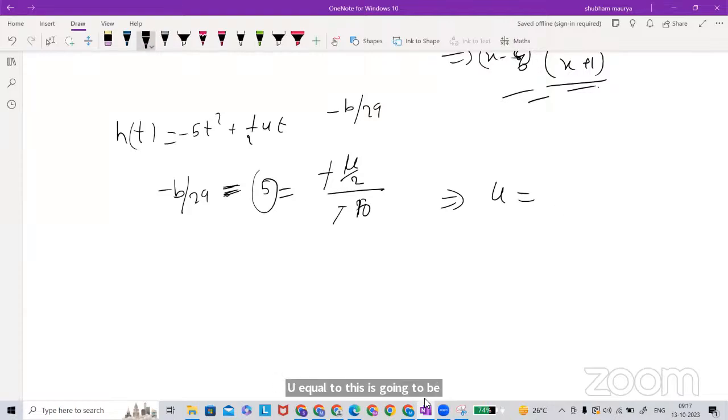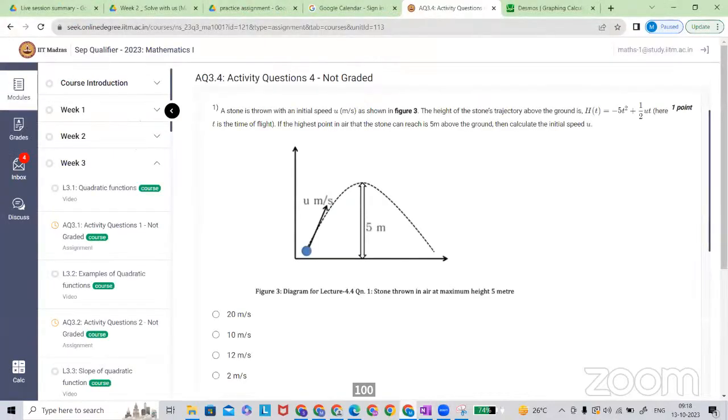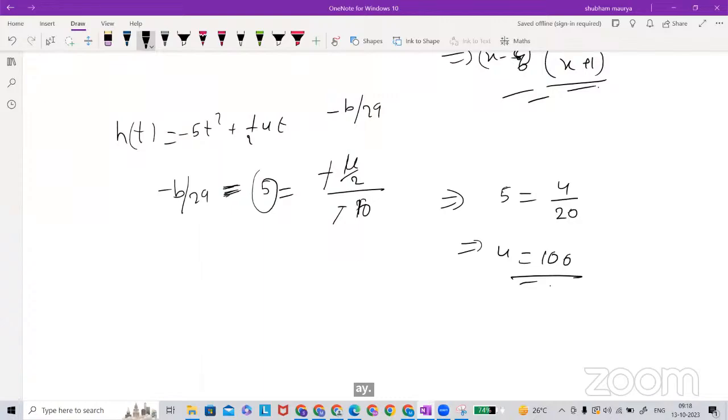No, this is 25. Okay, just a minute. So 5 equal to u upon 20, right? So u is going to be 100. U is 100. U is going to be 100 upon 4, sir. Where is the 4? I'm missing a 4 somewhere.